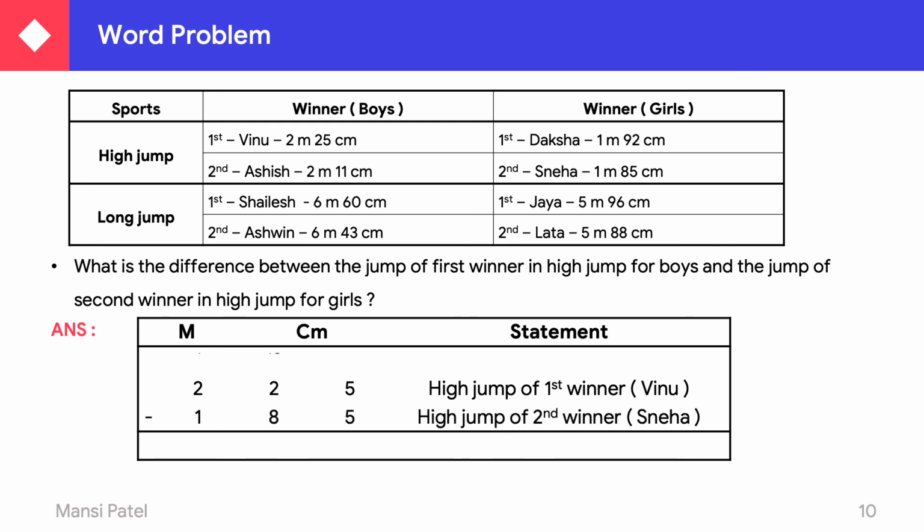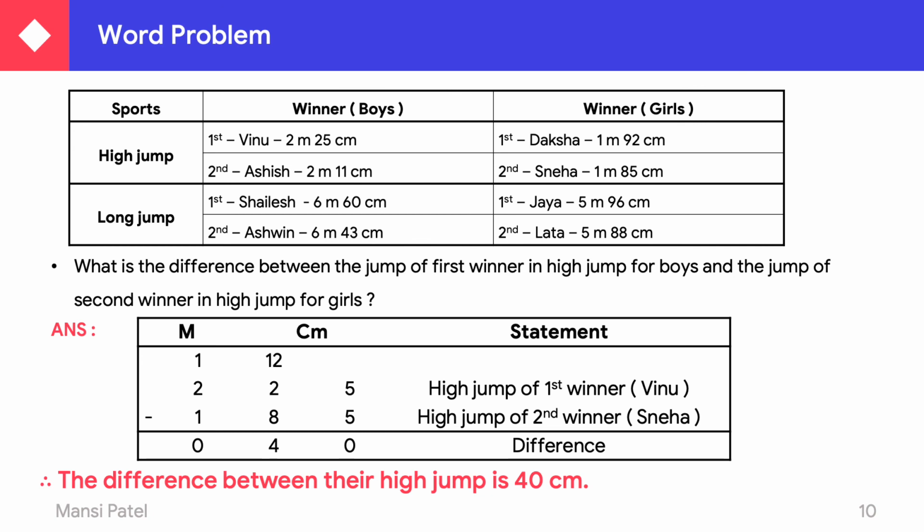So we subtract Sneha's measurement, that is 1 meter and 85 centimeter. 5 minus 5, 0. 2 minus 8, is it not possible? So 2 becomes 12 and the other 2 becomes 1. So the subtraction of 225 minus 185 is 40 centimeter. Therefore we can say that the difference between their high jumps is 40 centimeter.